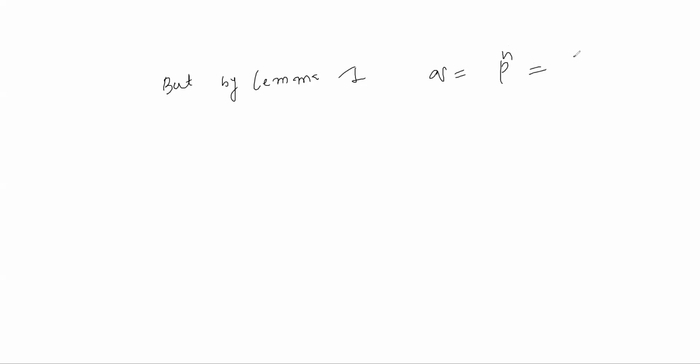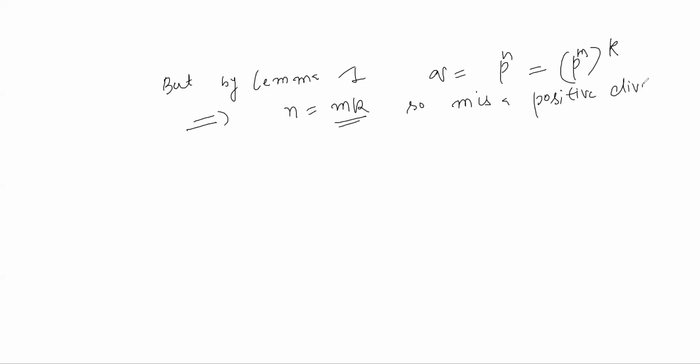Must be p raised to power m, raised to power k. Okay, so from here you can say that n is equal to mk. So you can say that m is a positive divisor of n.